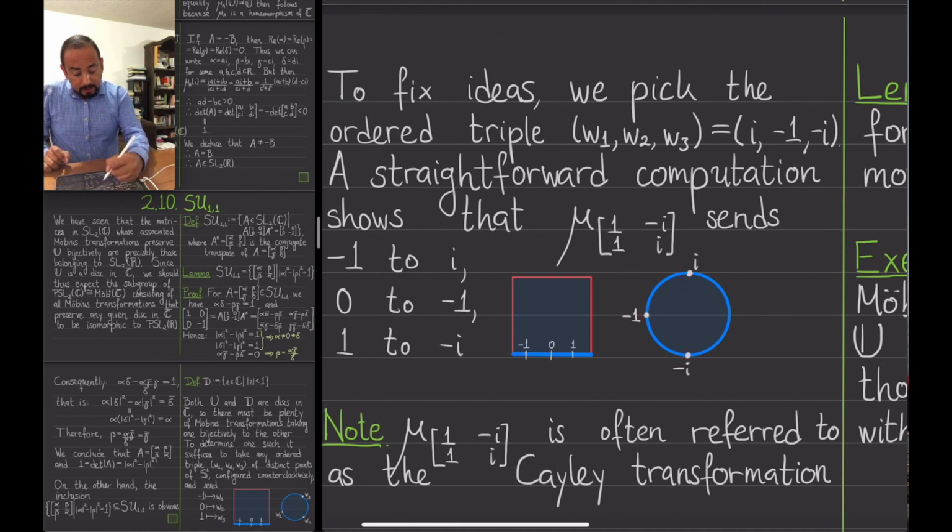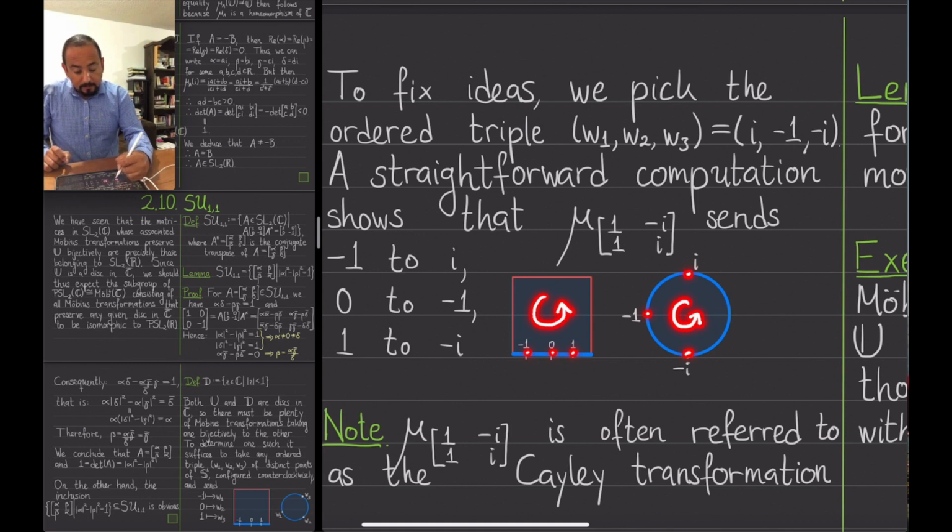So you see here when in U I follow the counterclockwise sense, I go -1, 0, 1, and here I follow the counterclockwise sense, I follow i, -1, -i.